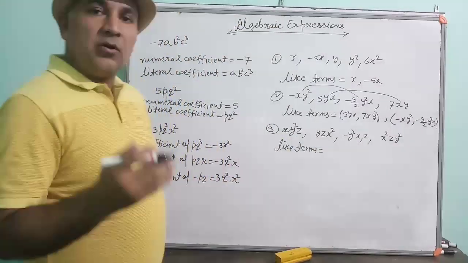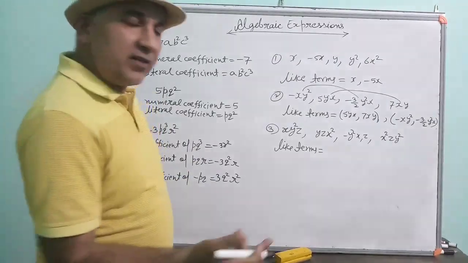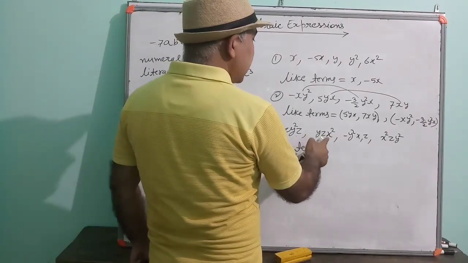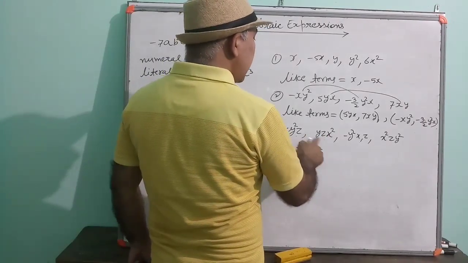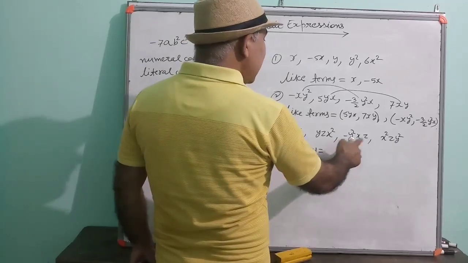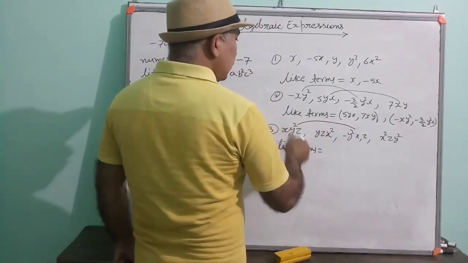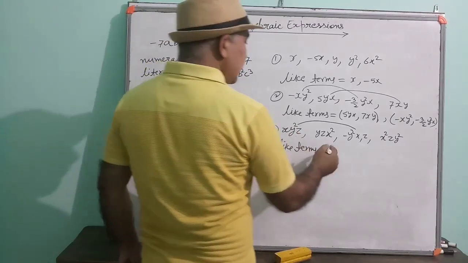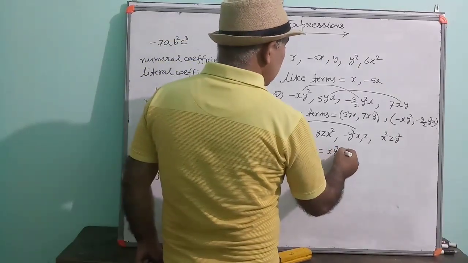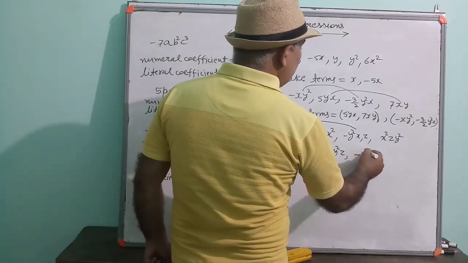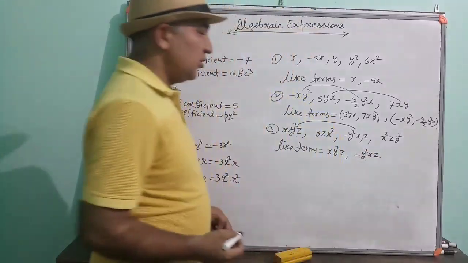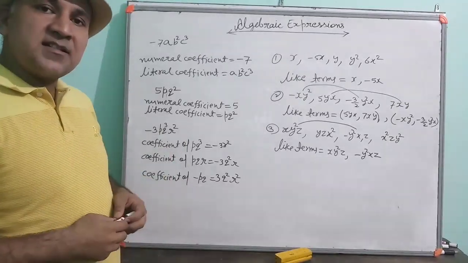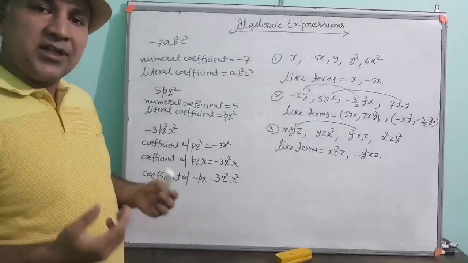Like terms means variables having the same powers. xy square z, here is x square yz, so these two are different. See these two, xy square z and xy square z, both are the same. xy square z and minus xy square z, both are like terms. Is this clear? Now note down these things so that we can start your exercise.